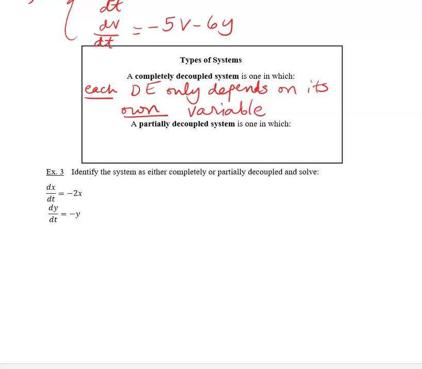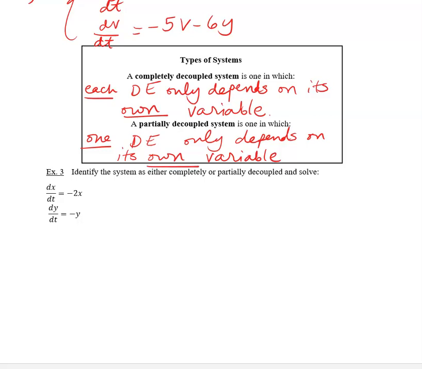So in other words, dx dt would only depend on x in the equation, and dy dt, for example, would only depend on y. A partially decoupled system is where one of the differential equations only depends on its own variable, and the other one can depend on both variables.